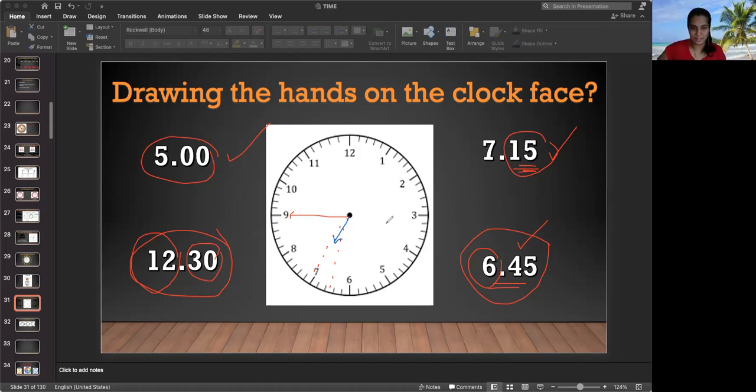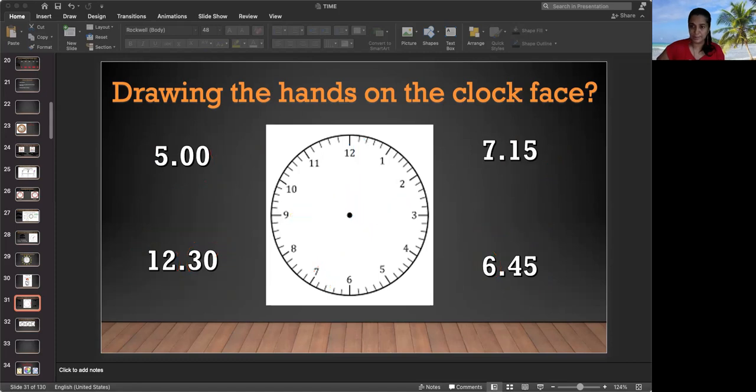Okay. So 6:45. It hasn't reached 7 yet because you have another 15 minutes before you reach 7 o'clock. That's why your hour hand should not be pointing at 7. So these are some small details to pay attention to when you want to draw the hour hand or the minute hand on the clock.